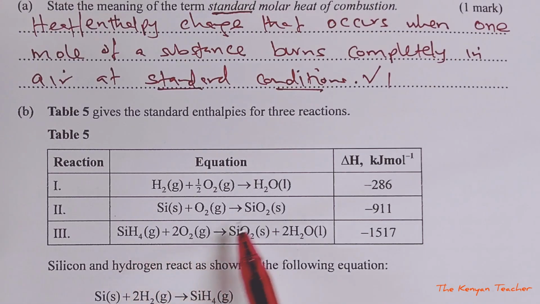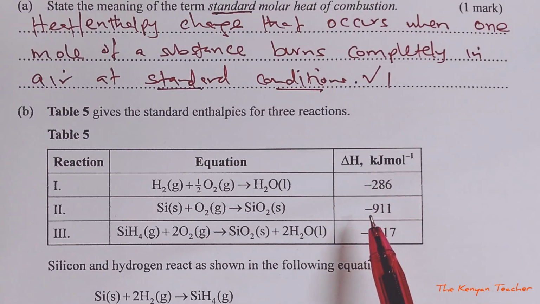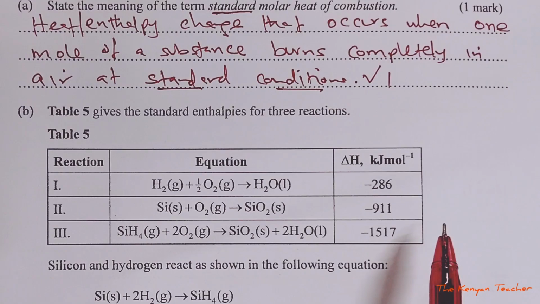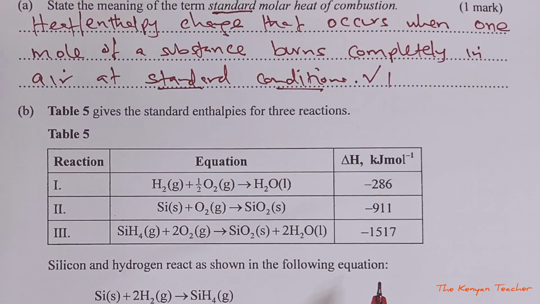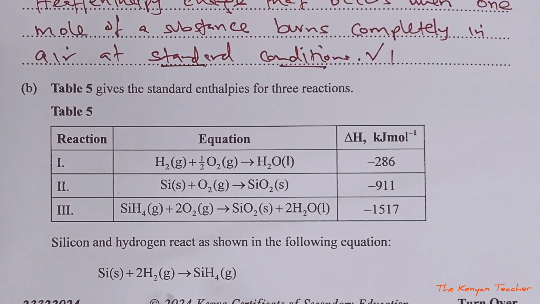Now, the associated delta H, or the enthalpy changes for the various reactions, are also given here in kilojoules per mole. Now, the examiner went ahead to inform us that silicon and hydrogen react as shown in the following equation.